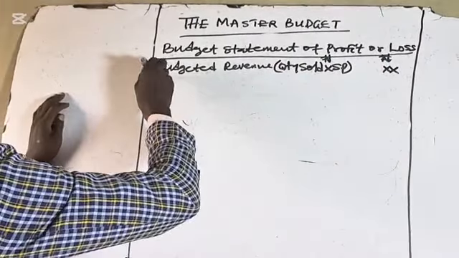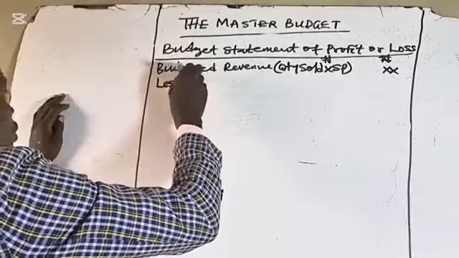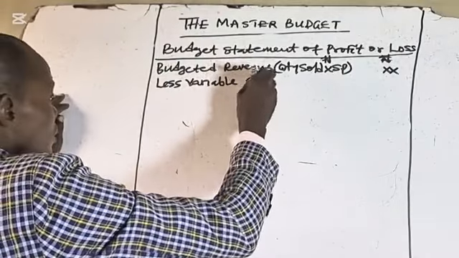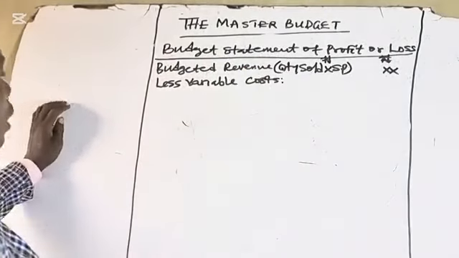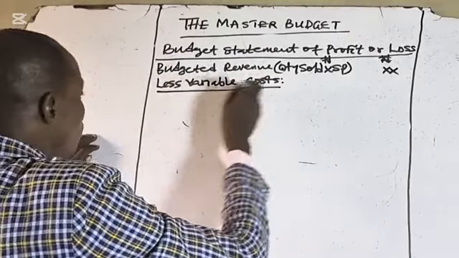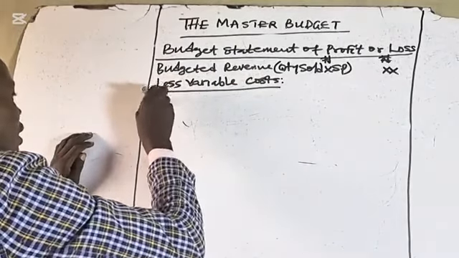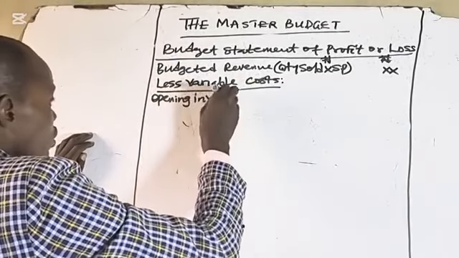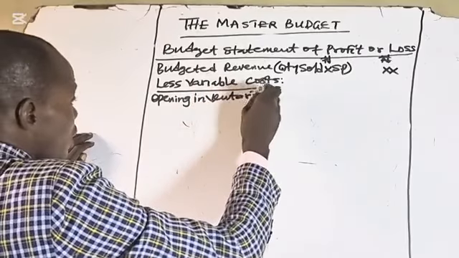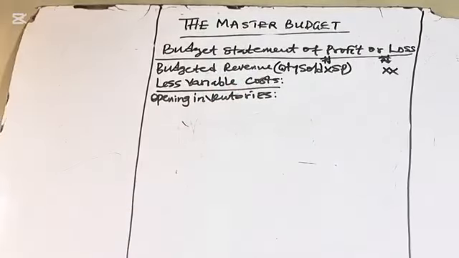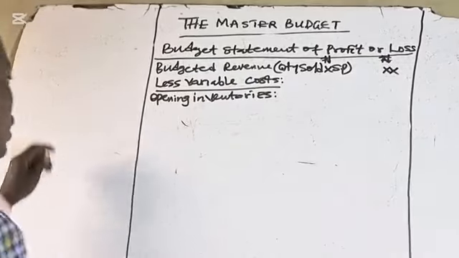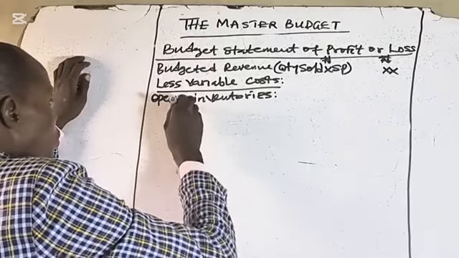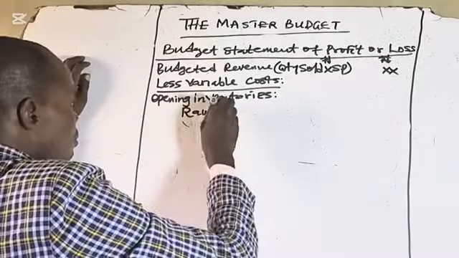So from this, you less variable cost. I want to use the marginal costing approach. Less variable cost, and the variable costs include opening inventories or opening stocks. There are two types of inventories that are common in exam questions. You have inventories of raw materials.